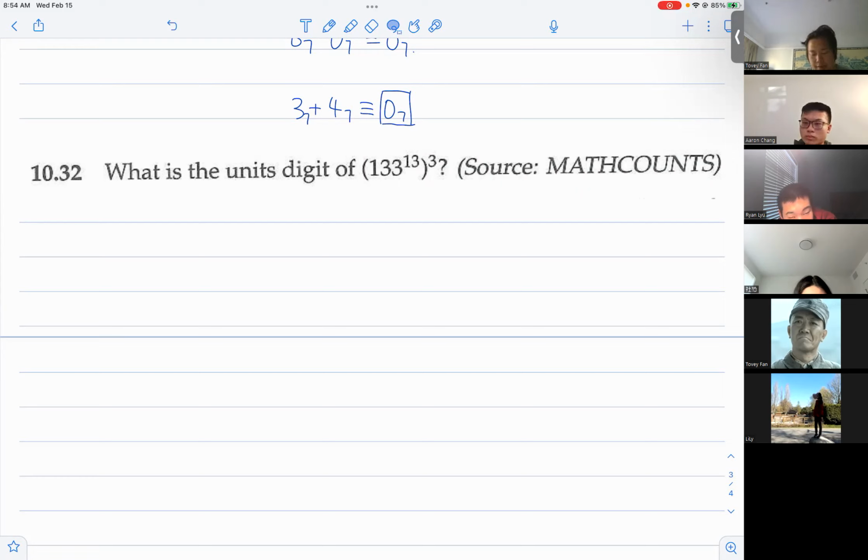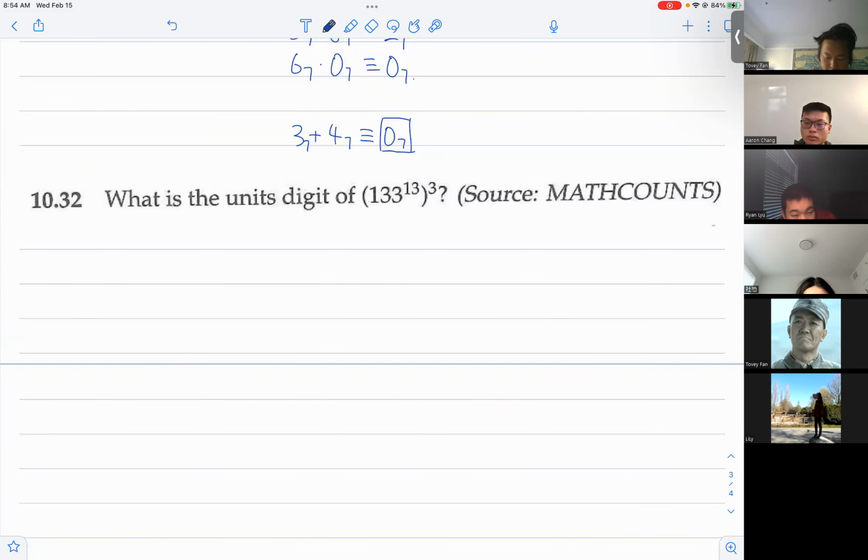3 times 3 is 9, 3 times 9 is 27, 3 times 7 is 21, and 1 times 3 is 3. So let's make a table. 3 squared, and then 3 cubed, 7, right?